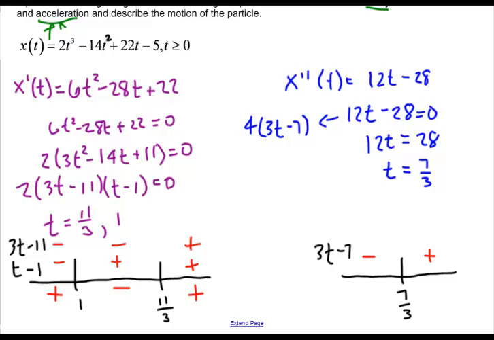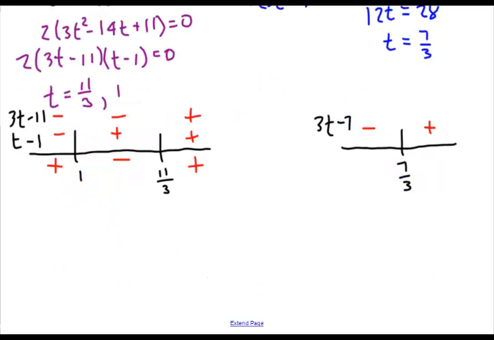So here's what's going on here. When we're asked to describe the motion of the particle, here's the motion of the particle. Number 1, when we move from left to right, anytime your derivative is positive, you're moving to the right.